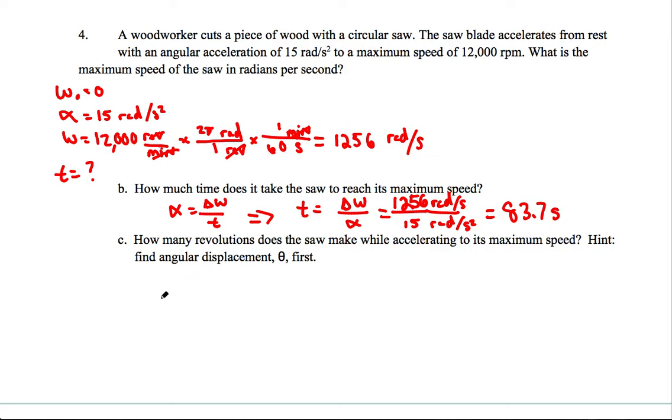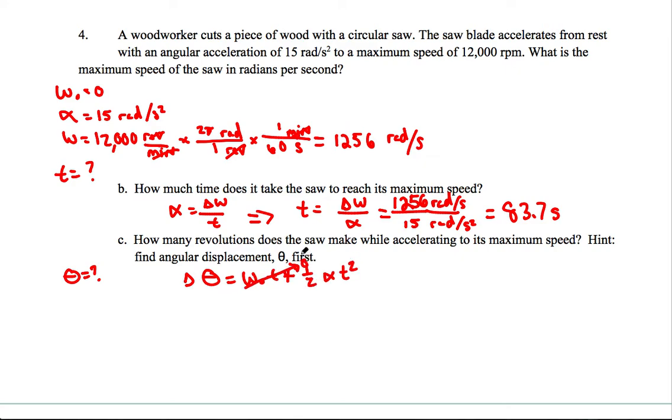If we want to know how many revolutions it makes while accelerating to its maximum speed, I'm going to find my angular displacement. So I'm trying to find my theta. And I want to get into many revolutions, but I'm going to first find out how many radians. So I know the kinematics equation, my change in angular displacement is omega naught t plus 1/2 alpha t squared.